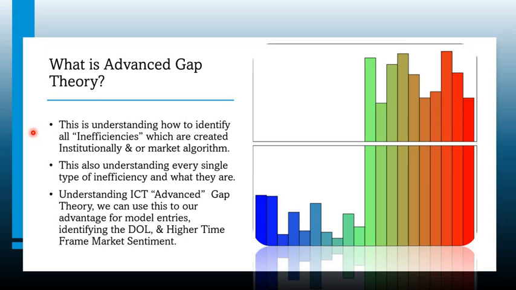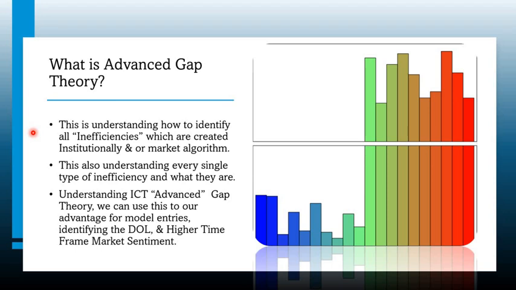So remember, for markets to operate efficiently, price needs to be balanced. For price to be balanced, both the buy side and the sell side of the market need to be at the same level. For them to be at the same level, they cannot create any spaces in the market. When there's a space in a market, that is an inefficiency. Price is imbalanced because there's a space in the market.